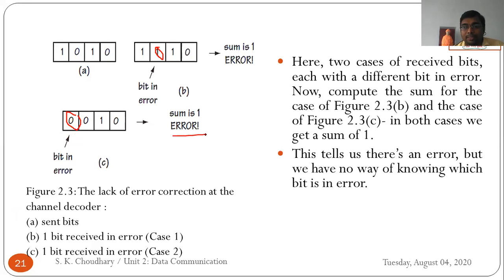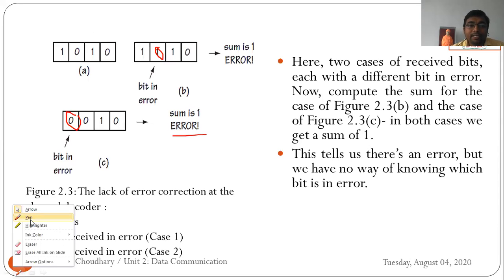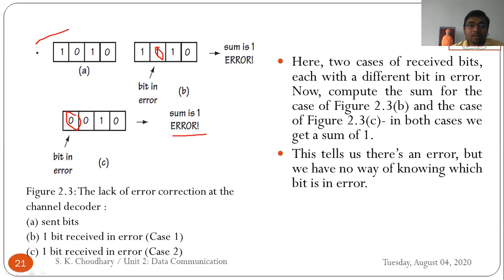But how do we know this error? The receiver would not know at which position the bit is changed because he is not aware of this particular sent bit. We are now seeing it in this lecture, but actually the receiver does not know on which particular bit there is an error.